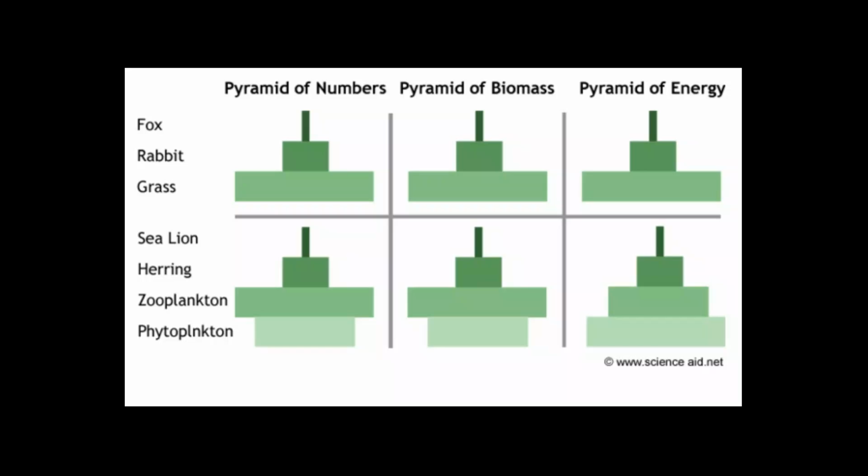Notice the pyramid of biomass is inverted when you have aquatic ecosystems where you have phytoplankton. And the point is the phytoplankton has to be reproducing very, very quickly in order to support a larger biomass of zooplankton. So it can only occur if the phytoplankton is reproducing at a very rapid rate.